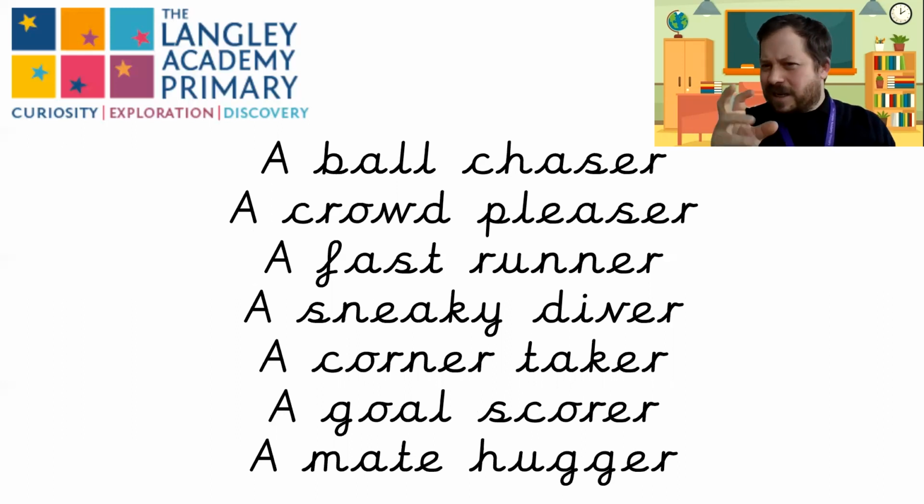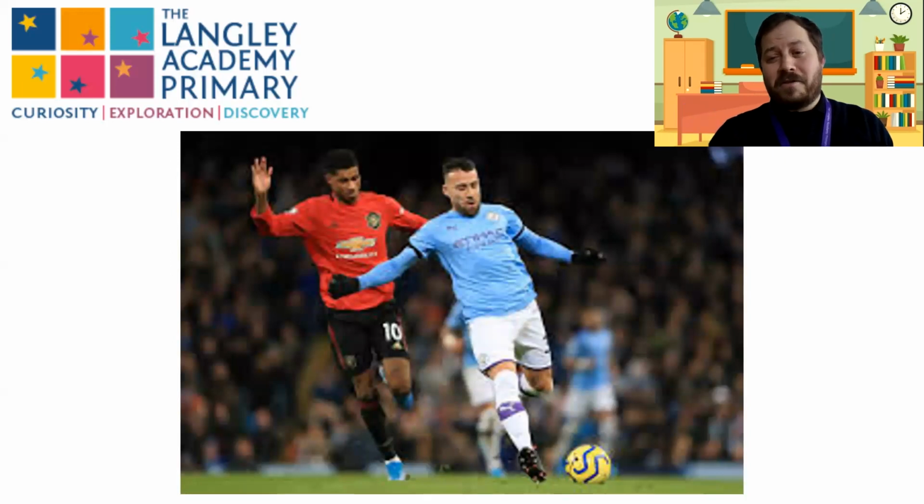And then we start getting a little bit more in depth into what this thing might be. A sneaky diver, a corner taker, who takes corners? A goal scorer, who scores goals? Any guesses? Yes, a football player.